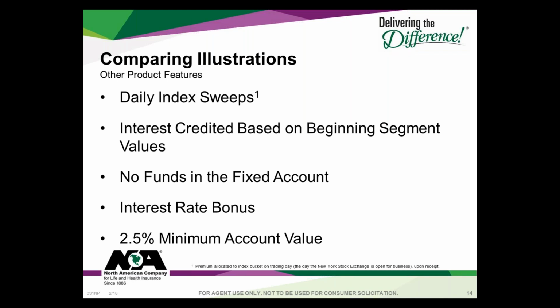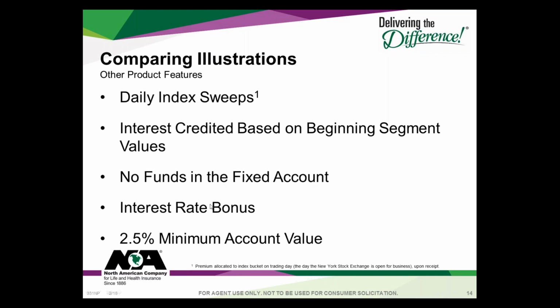So for example, if the segment is $1,000 at the start of the year and the index grows 10%, we're going to credit interest on the full $1,000 that the index segment was at the start of the year, not the $800 that it was at the end of the year after policy charges. There's a difference between crediting 10% on 1,000 or crediting 10% on the ending value after policy charges, 800. And you compound that over a period of 30, 40 years, there's going to be a difference in policy performance there. No funds required in the fixed account.